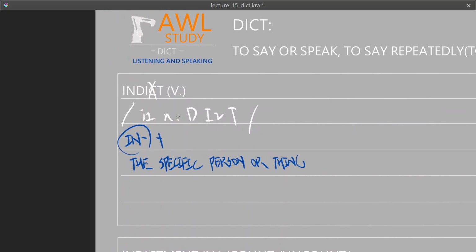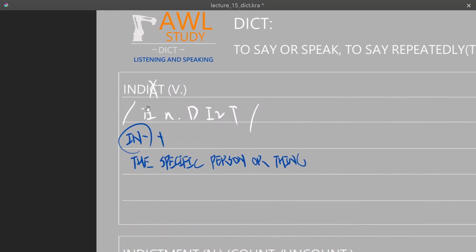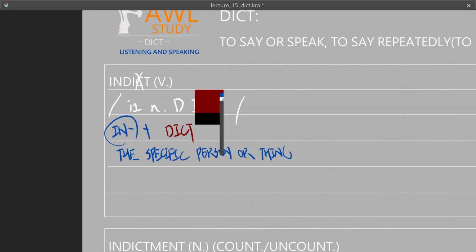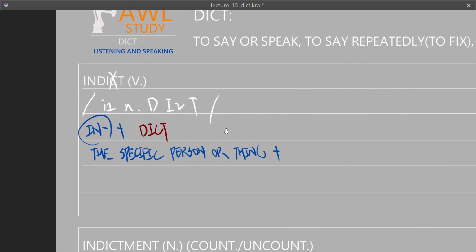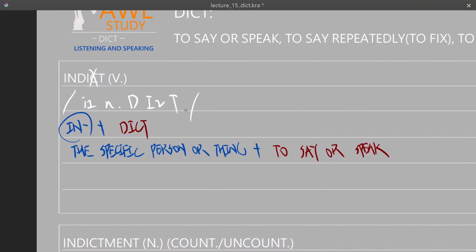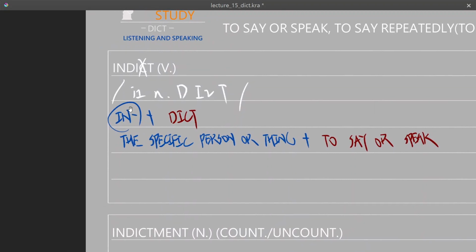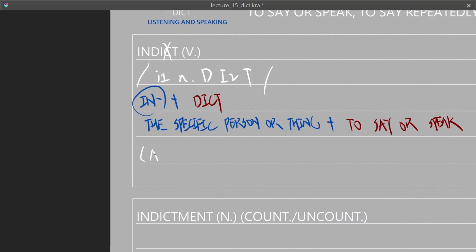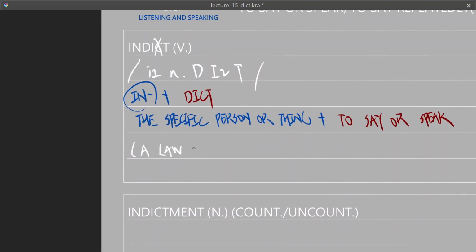Right. So we have the root dict, meaning to say or speak. So what does indict literally mean? It's a legal word, so it's for a law court.